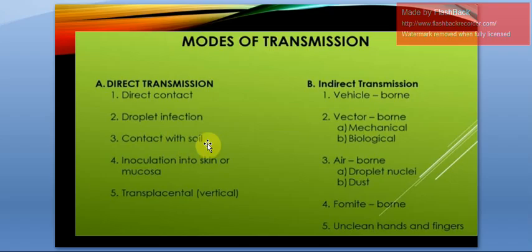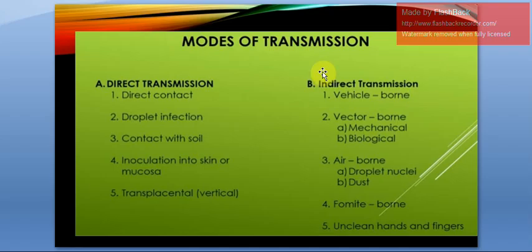Next is contact with soil. Maybe you are walking with bare feet and all. That time what happens is chances are there that infection can spread through contact with the soil. Next is inoculation through skin or even through mucous membrane. And next way of direct transmission is transplacental, that is through the placental route from the mother to the fetus.